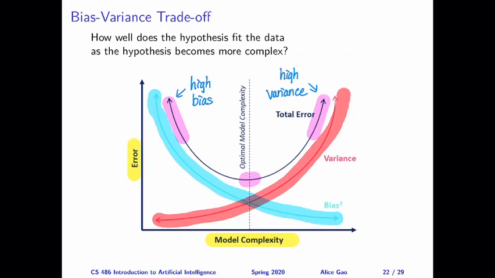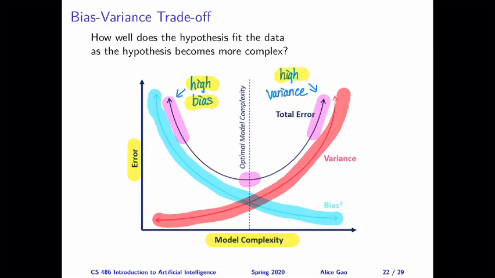Now back to this graph a little bit. You can see that on the left-hand side, we have a model with high bias, a hypothesis with high bias. So this model is generating high error and does not fit the data well because it's too simple. It makes too strong of assumptions, so it doesn't fit the training data well. Therefore, we can't hope that it even fits the unseen data well.